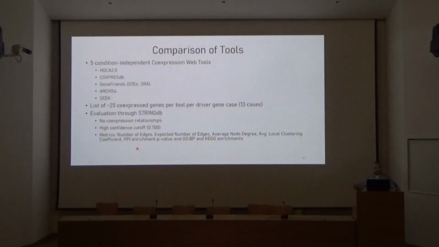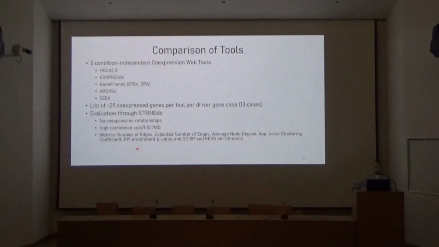In order to be as just as possible, we got a list of around 25 genes per tool per driver gene case, and we used the STRING database web tool. STRING is a website that creates protein-protein interaction networks depending on a given list of genes. By using that, we wanted to have a very unbiased opinion about the co-expression results.